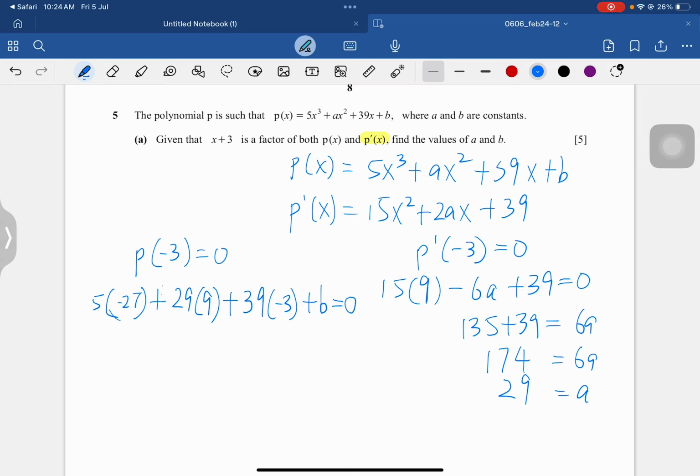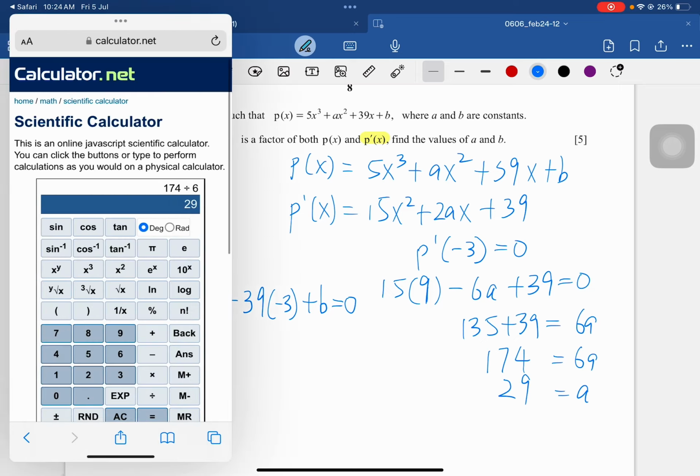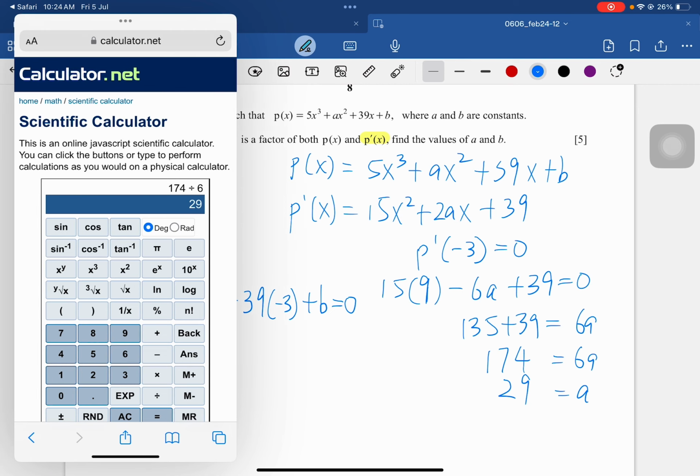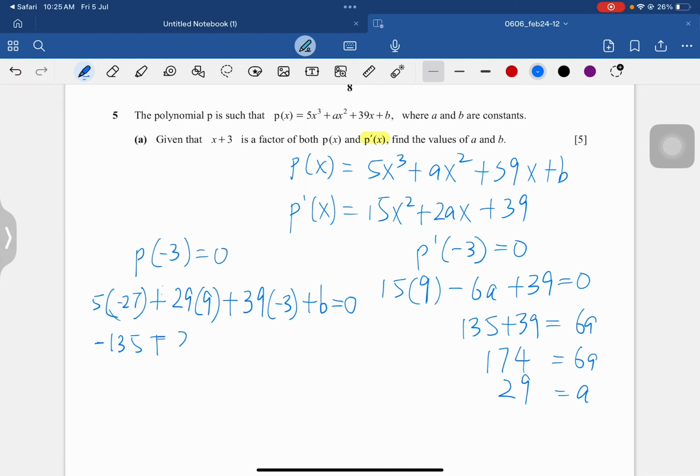5 times minus 27 is minus 135, plus 29 times 9 is 261, minus 117, plus b equals 0.